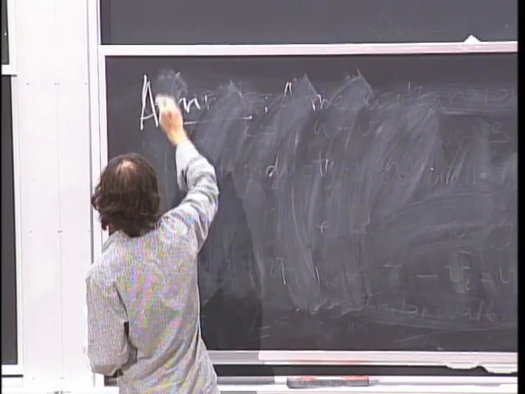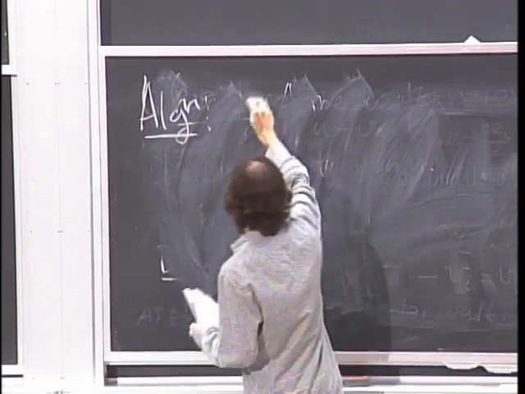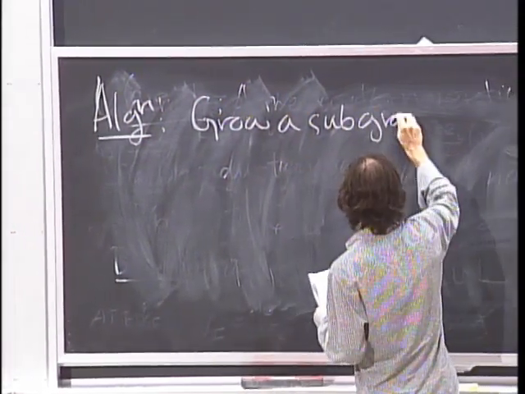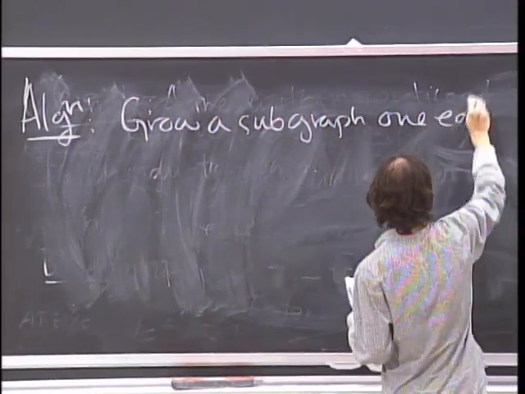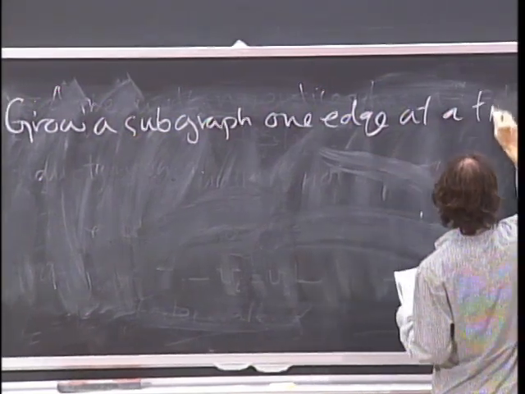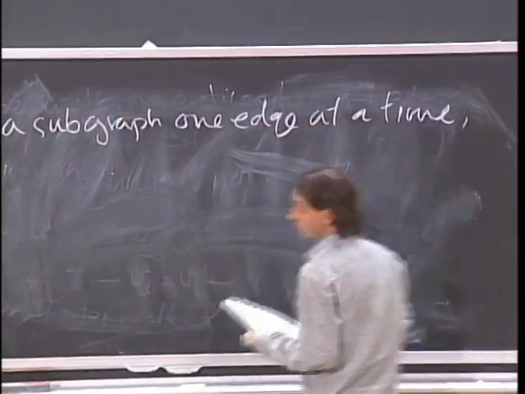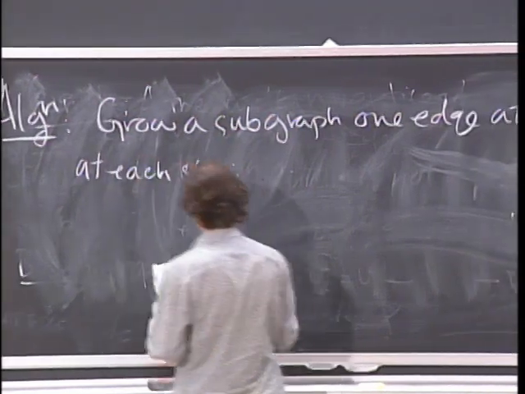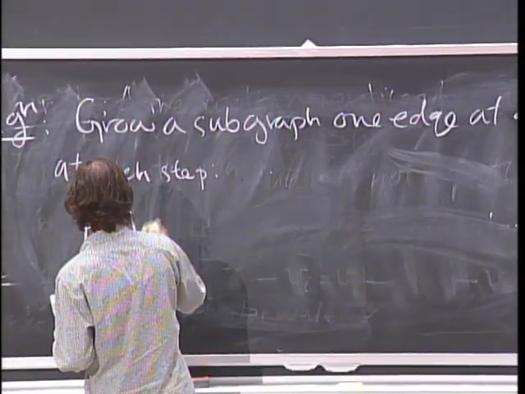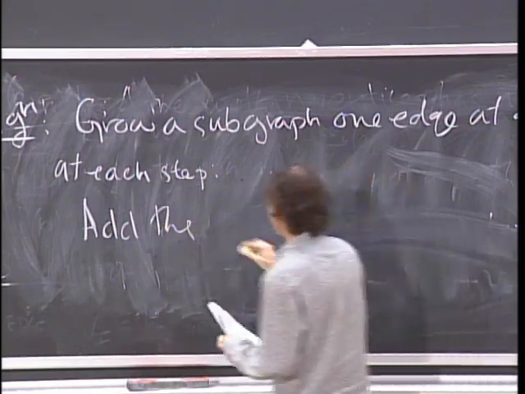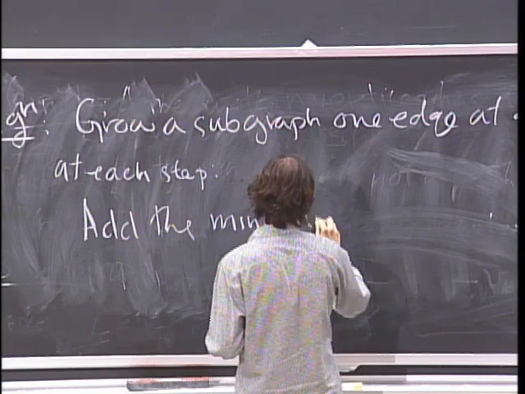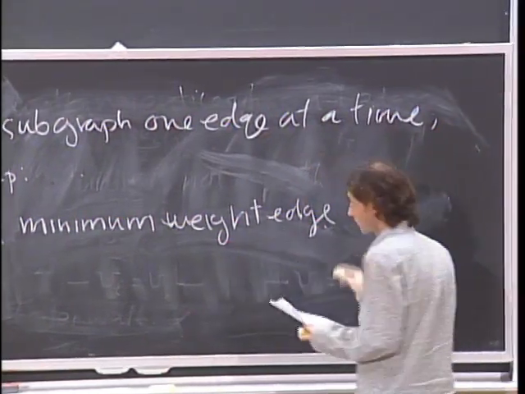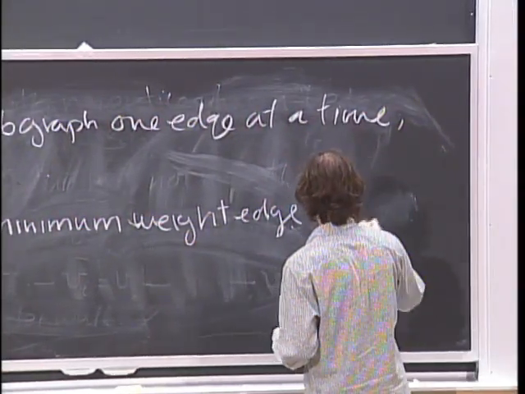Okay, so what's the algorithm? We grow a subgraph step by step, one edge at a time, such that at each step we add the minimum weight edge that keeps the subgraph acyclic.